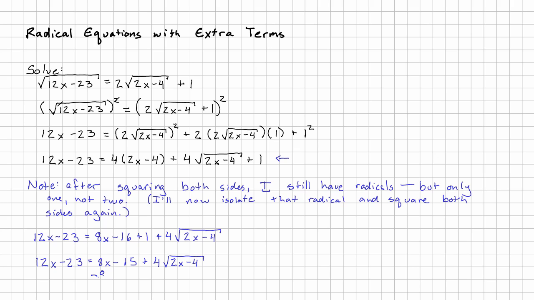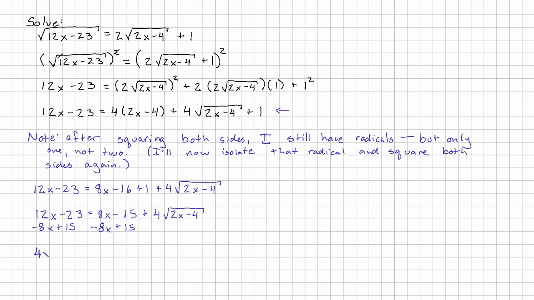So I'll subtract the 8x on both sides, add the 15 on both sides. 4x minus 8 is 4 times root 2x minus 4. Noticing that 4 is a factor of the left-hand side, I can go ahead and divide both sides by 4 at this stage. So I get x minus 2 is root 2x minus 4.